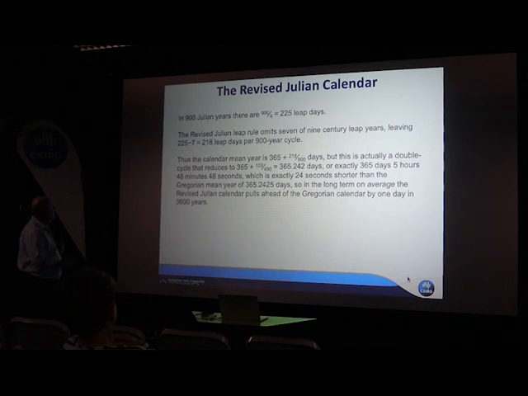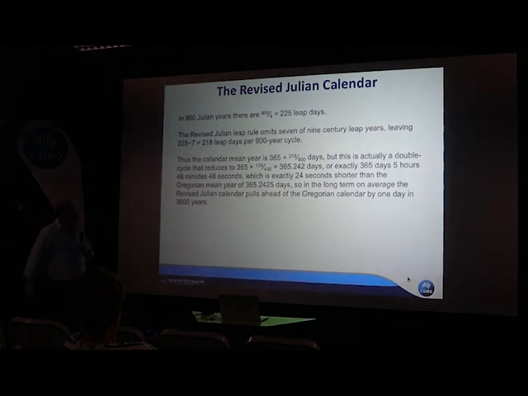So what does that mean? Well, in 900 Julian years, there are 225 leap days. And so the revised calendar omits 7 of 9 century leap years, leaving 218 leap days per 900-year cycle.